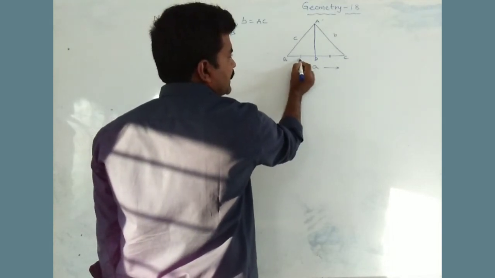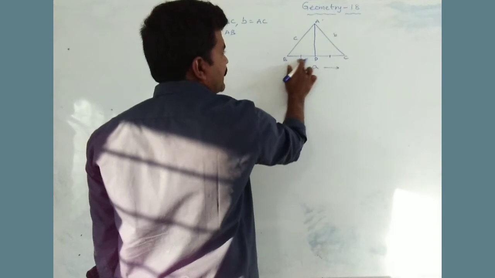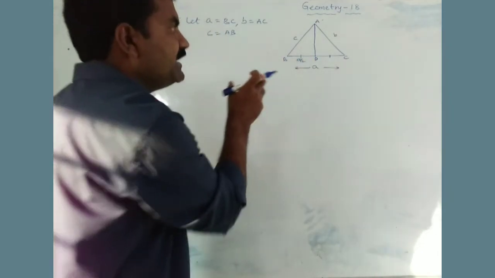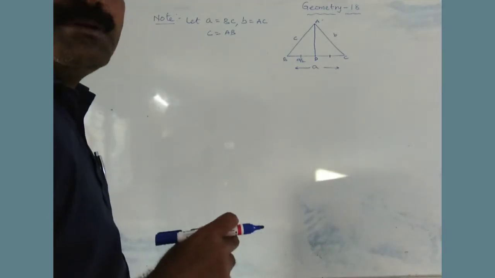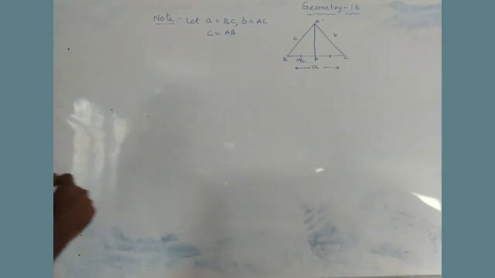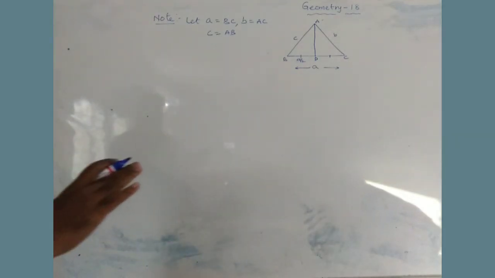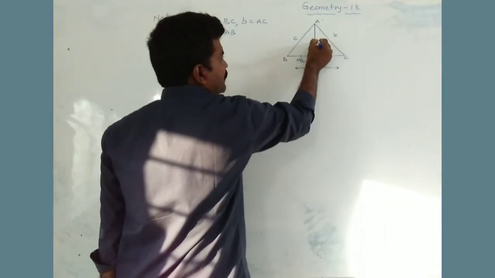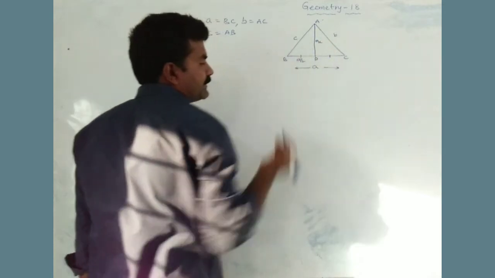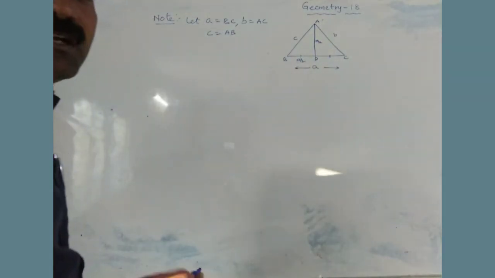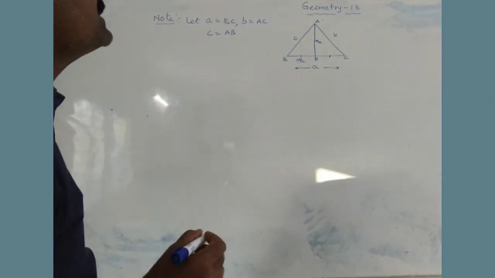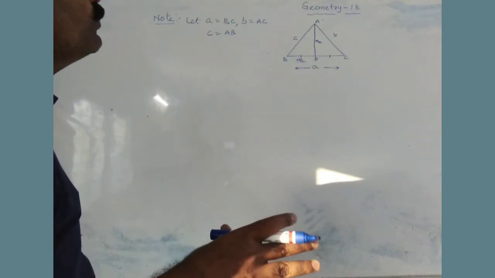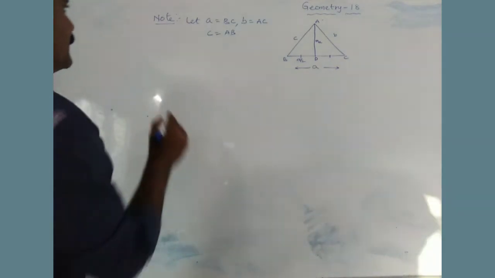Then BD length I can write as a by 2, because BD is half of BC. And you know, my dear, AD I can denote as MA, I mean the length of the median drawn through vertex A.